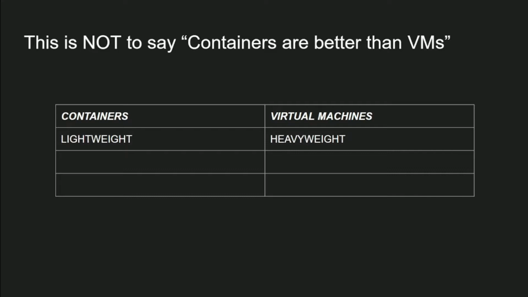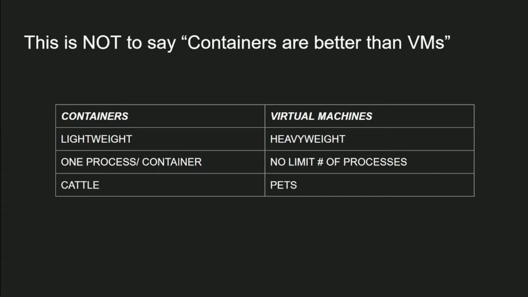If you have a heavyweight one, go with virtual machines. If you have one process, go with containers. If you have multiple processes that need to run tightly coupled together, choose a virtual machine. If you don't care about your process dying multiple times and being restarted, then choose containers. If you want to take care of your application, keep it up and love it, then choose virtual machines.